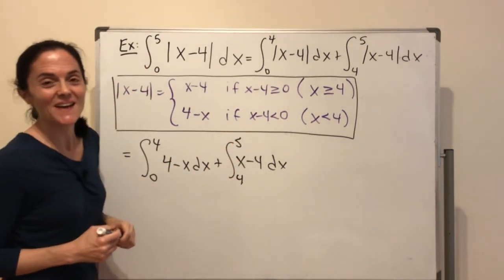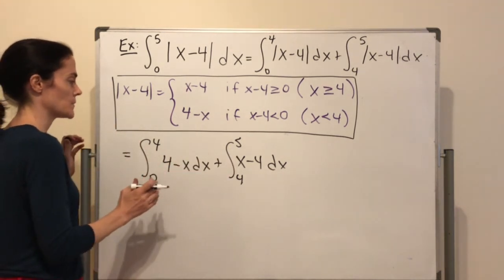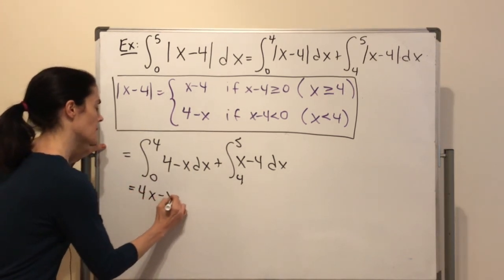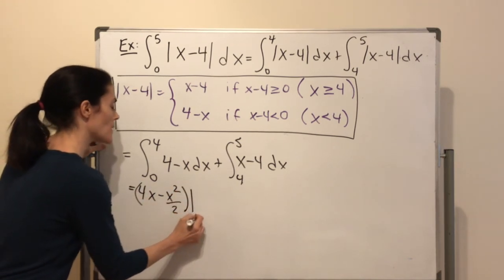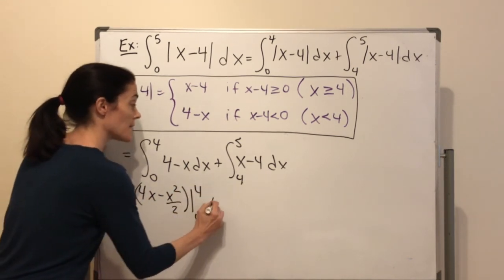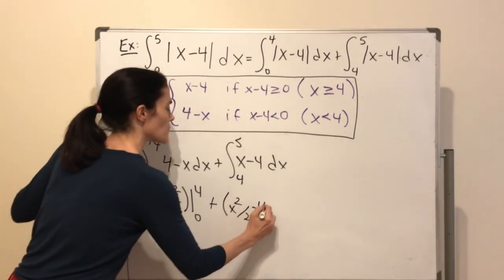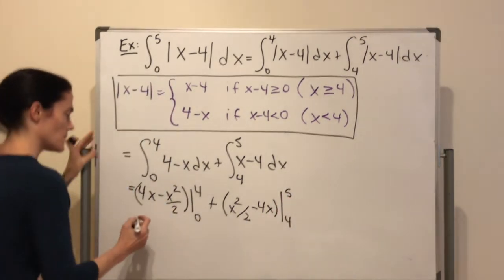But now this is what I want to calculate here. And this I can handle because it's a sum of two integrals. So we get 4x minus x squared over 2 evaluated between 0 and 4, and then x squared over 2 minus 4x evaluated between 4 and 5.